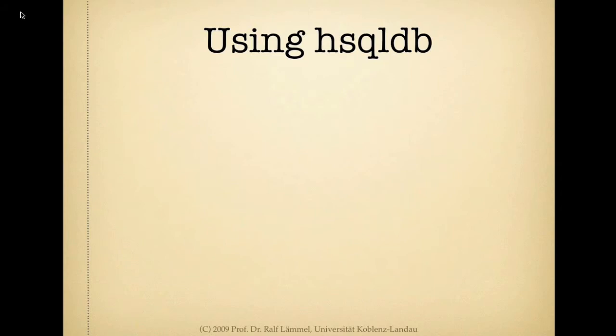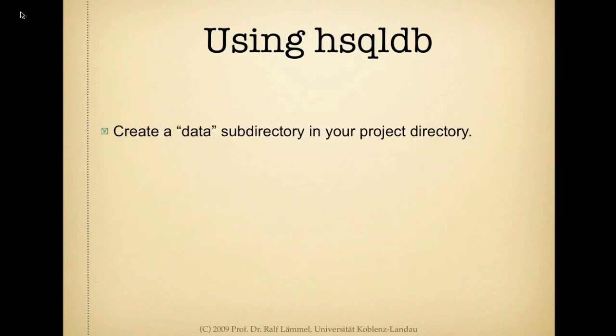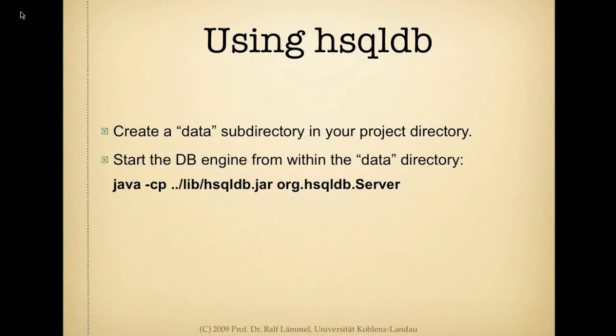So how do you use HyperSQL in your application? Well, this is a recipe. We assume that we designate some directory, let's say the data subdirectory, for the database files. And within that directory, we start a database server.